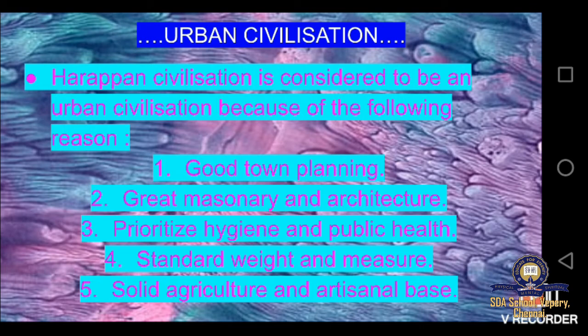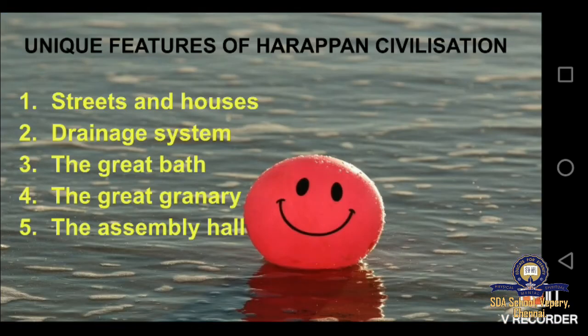So the people were healthy there. There were good castles and high buildings with good architecture, and there was agriculture also. That is why Harappan civilization is considered to be an urban civilization.